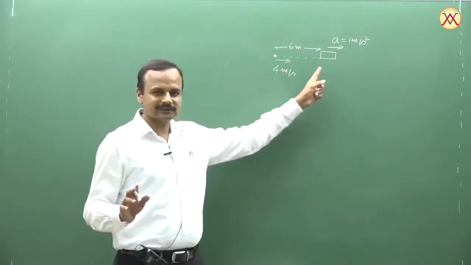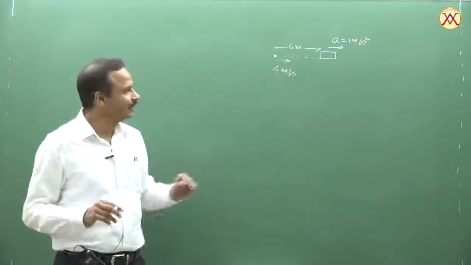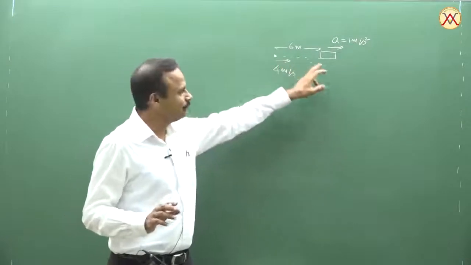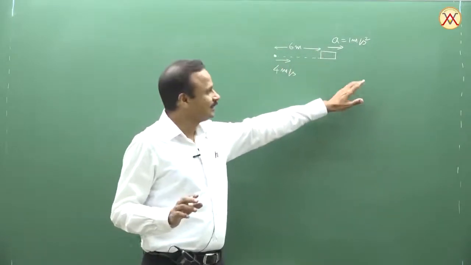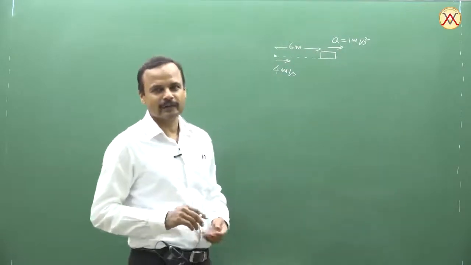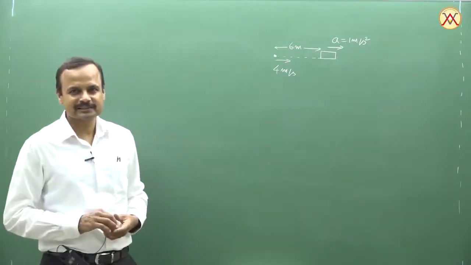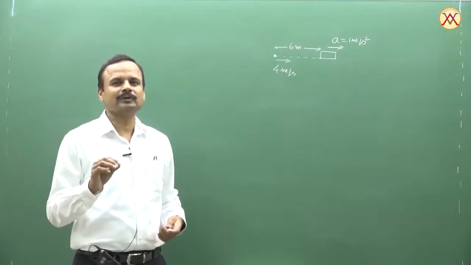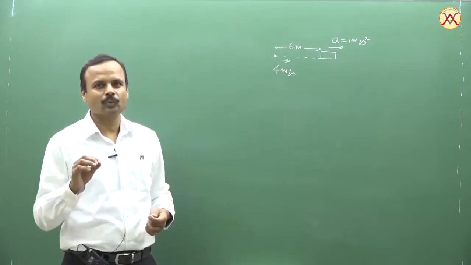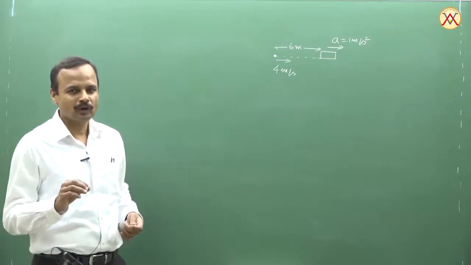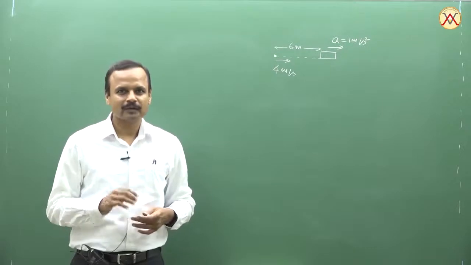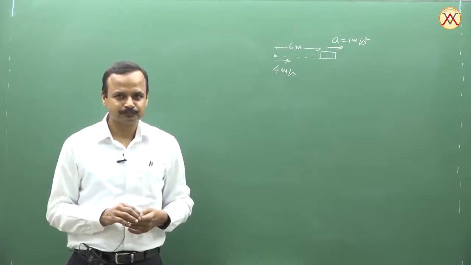He is going at a constant speed of 4 meters per second. But when his separation from the bus is 6 meters, the bus starts with a constant acceleration of 1 meter per second square. Now the question is whether he will be able to catch the bus or not. If yes, when? If no, by what distance will he miss the bus? You can pause the video and try it.